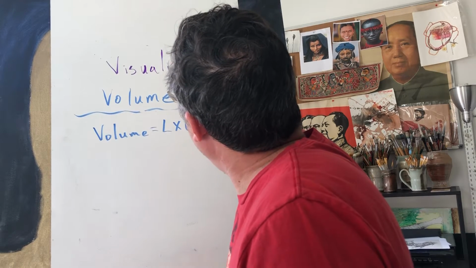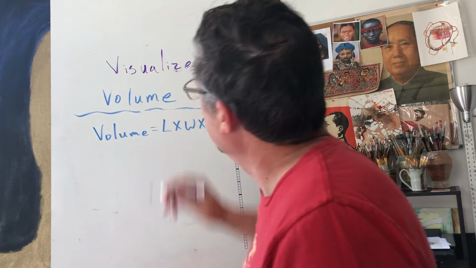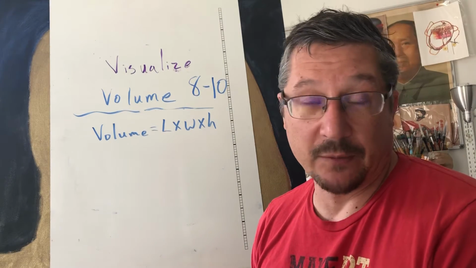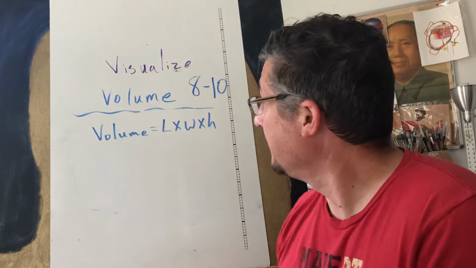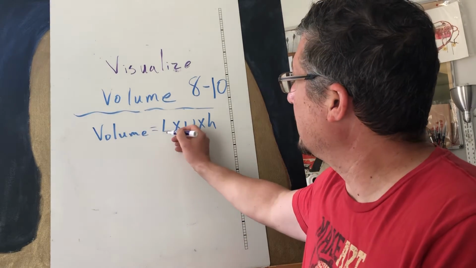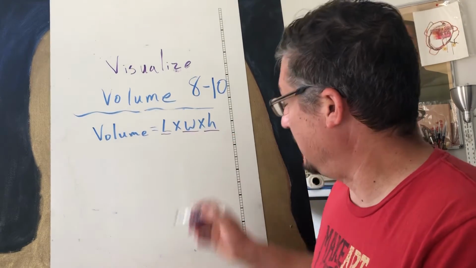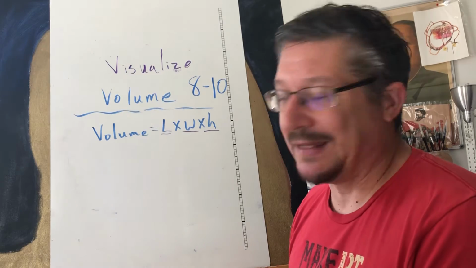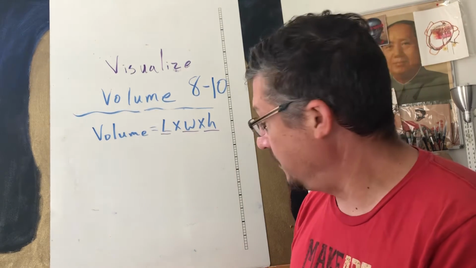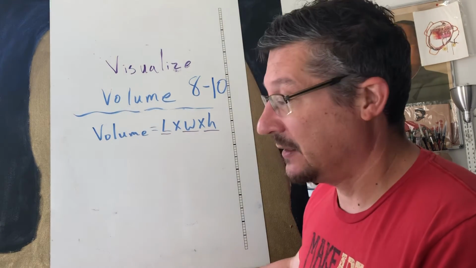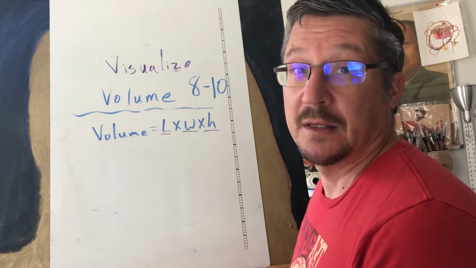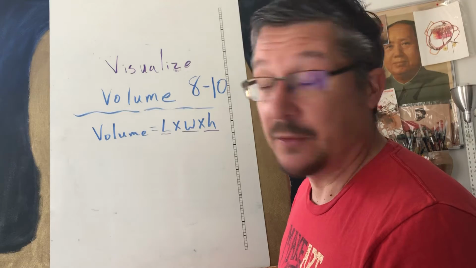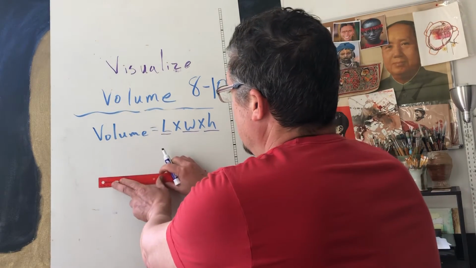So visualize volume. It's really similar to what we did in the previous lesson. Volume is length times width times height. The beginning of this is the same thing, counting cubes, figuring it out. But then the second page is actually just using this formula to find your volume. So we'll just do one real quick.